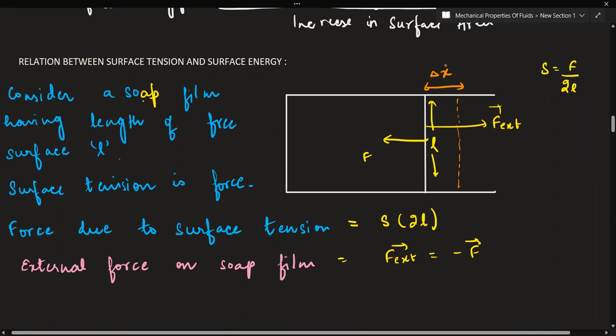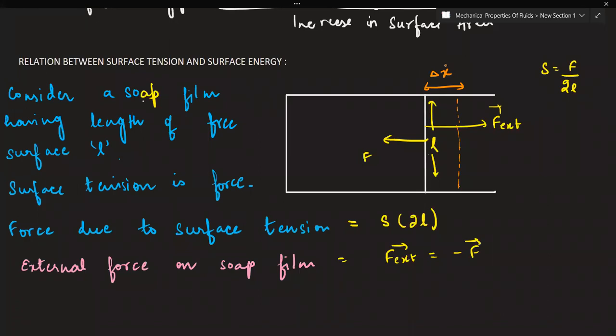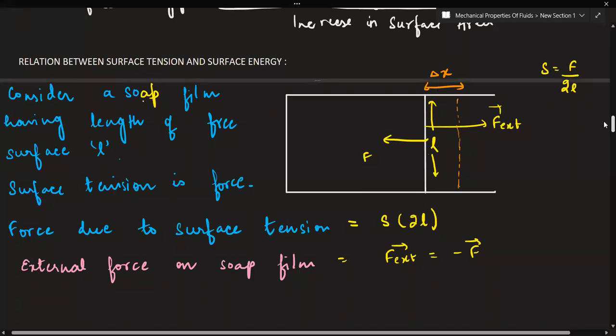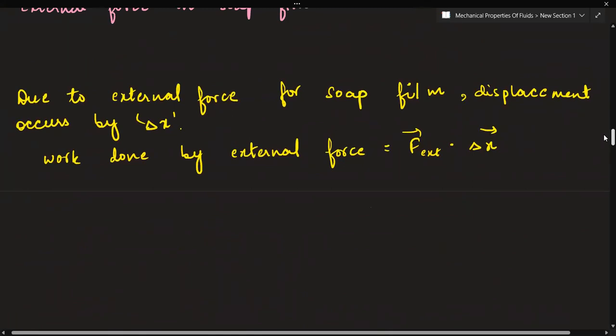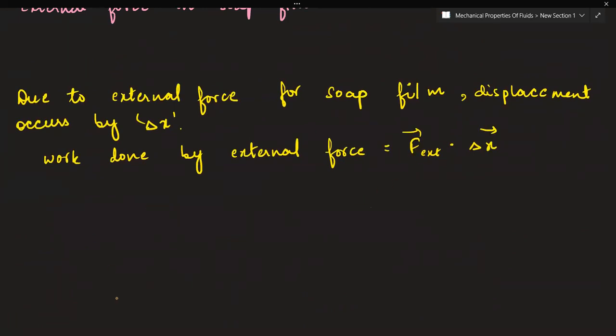Now if F external is the force and delta x is the displacement, what should be the work done? What is the formula for work done? Force into displacement.